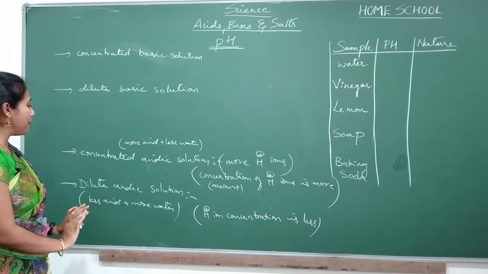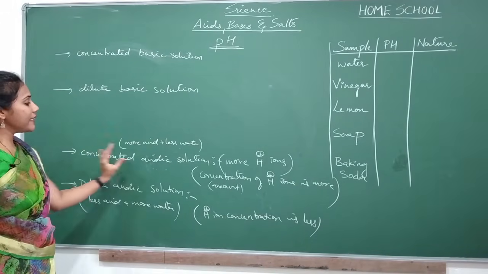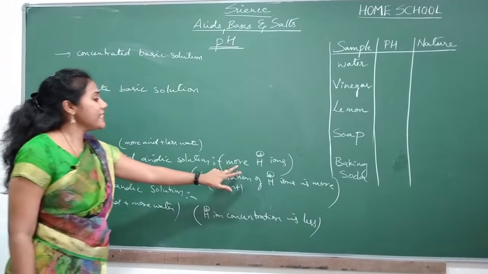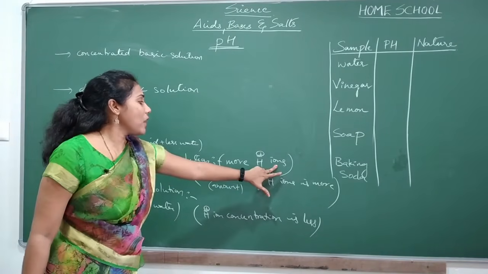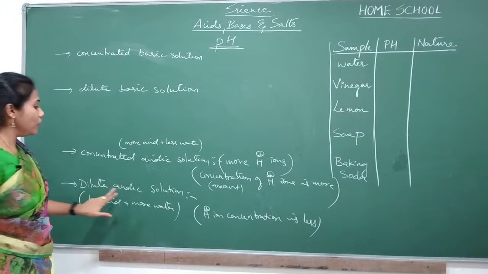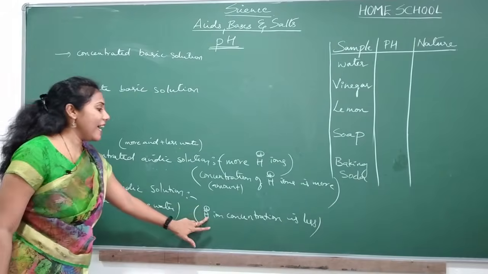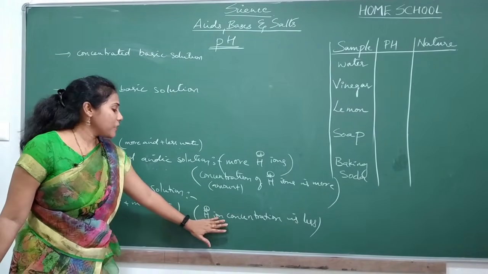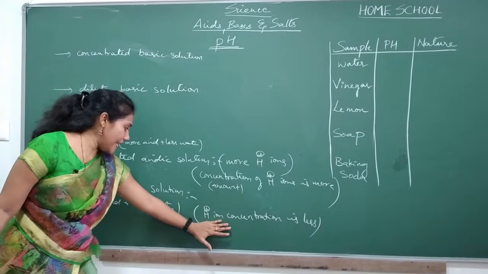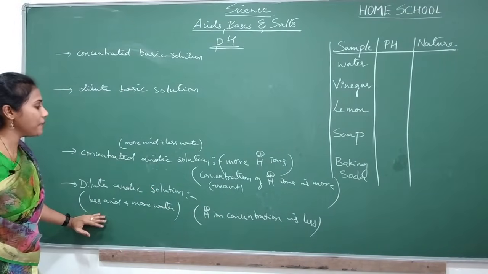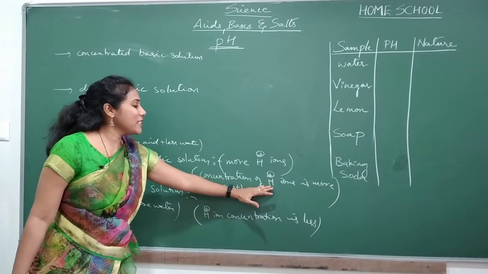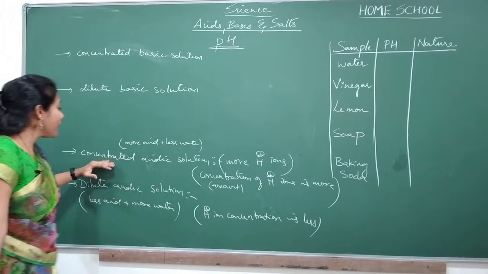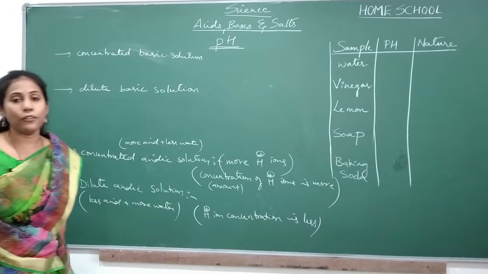Remember, concentrated acidic solution will always have more H plus ions, and dilute acidic solution will always have less H plus ions. In other words, H plus ion concentration is less in dilute solution and more in concentrated acidic solution.